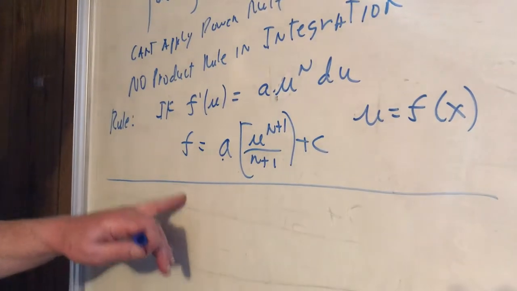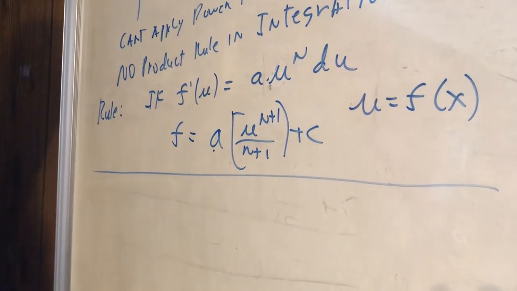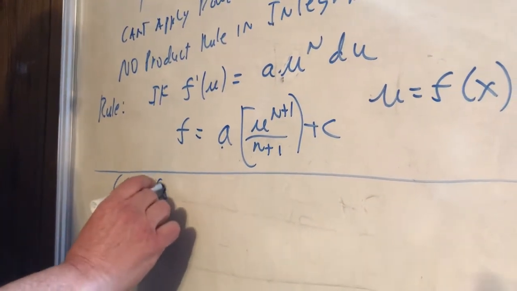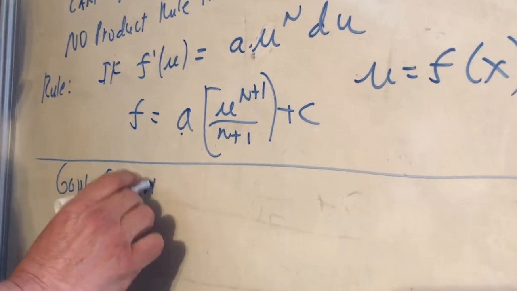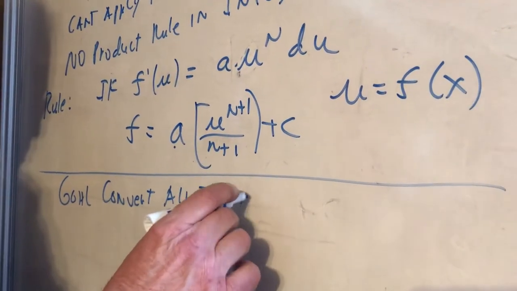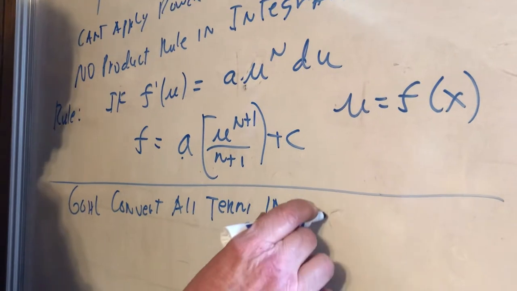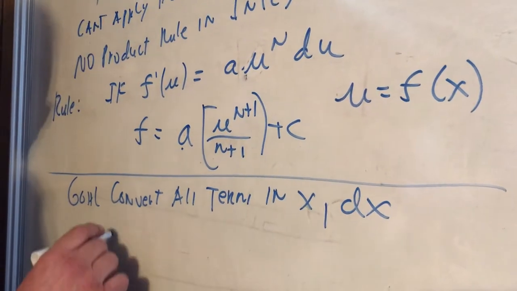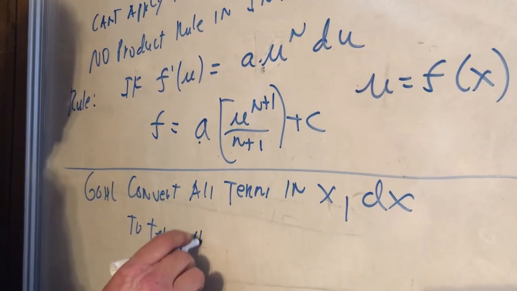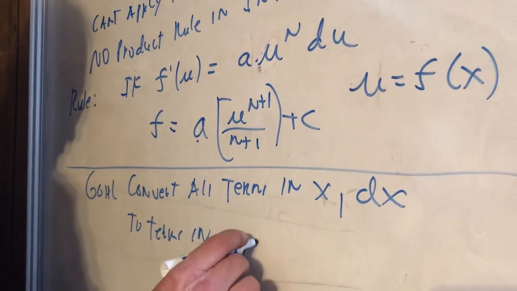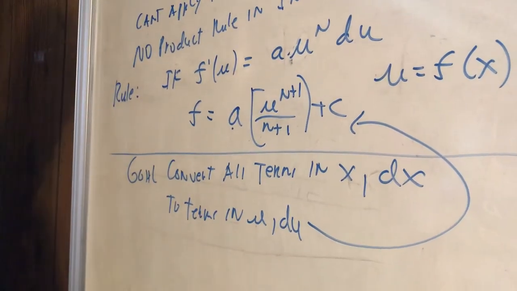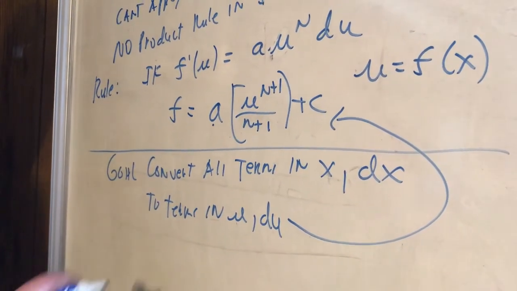So what happens here, what I have to do, my goal is to convert all terms in x and dx to terms in u and du, so I can apply this formula. So how do we do that?